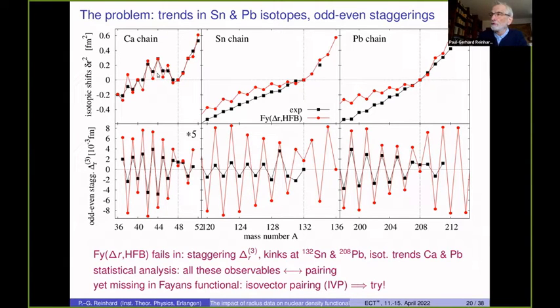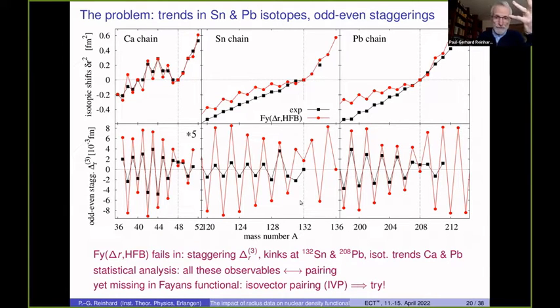And then you see the odd-even staggering. And down here, we amplify the odd-even staggering by taking the third difference, and it's not so good. It's overestimated by the present Fayans fit. Even worse, for the tin chain and for the lead chain, we have a systematically wrong trend. So something is missing here.